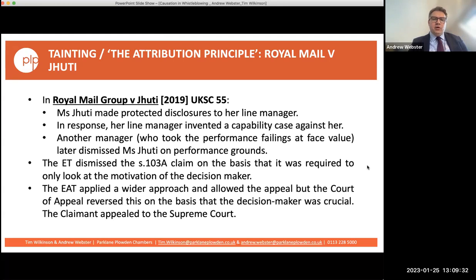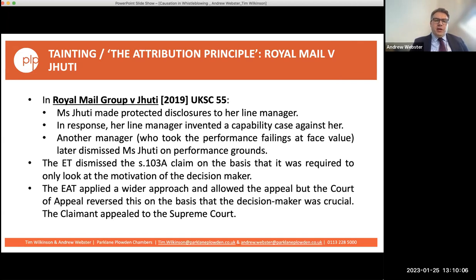To cut a long story short, ultimately there's a capability process and another manager, Ms. Vickers, who was not a party to those sham and bogus criticisms of Ms. Jhuti's performance, criticised her herself and went on to dismiss her on performance grounds, Ms. Vickers having accepted at face value what Mr. Widmer had told her. By that time Ms. Jhuti didn't really participate in the process because she'd gone off sick.